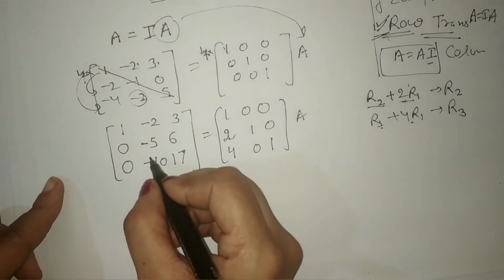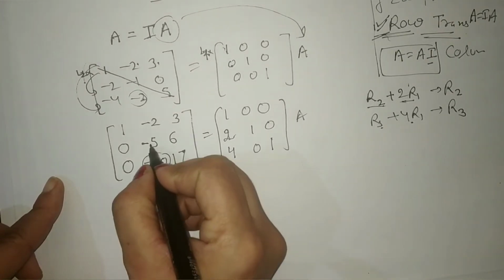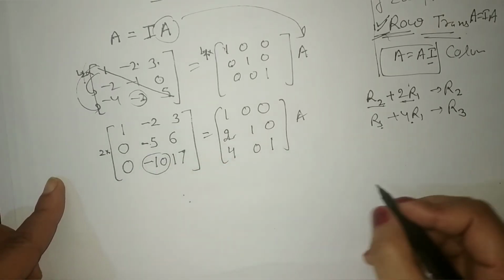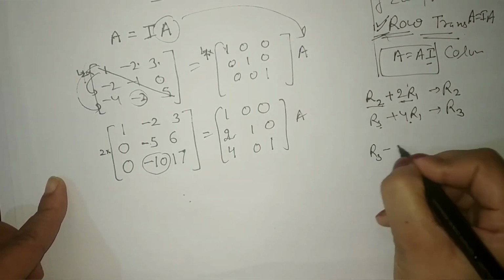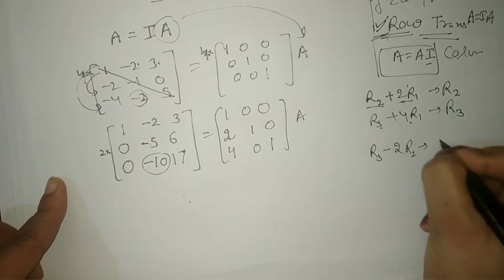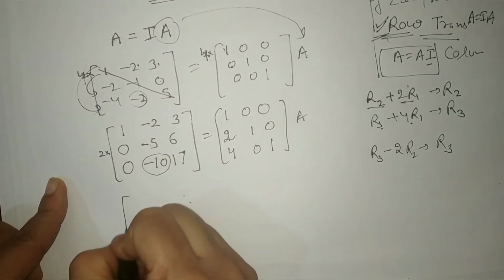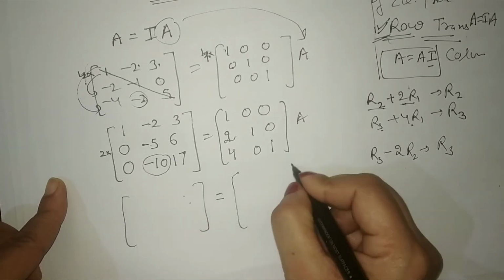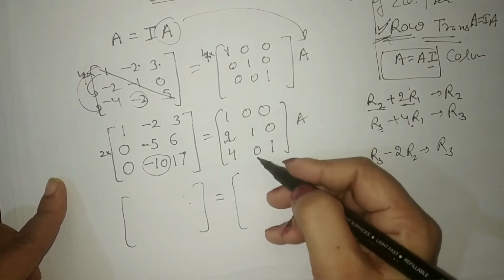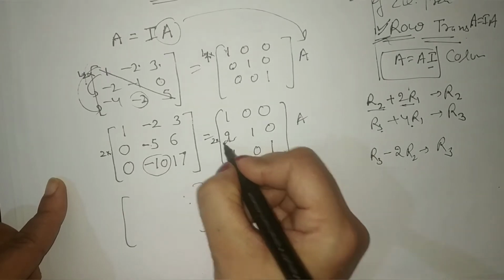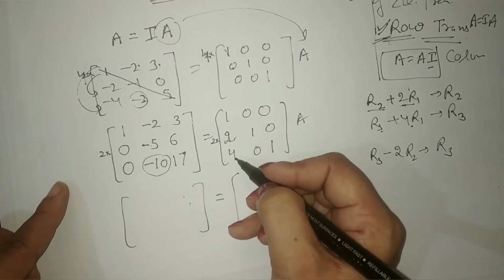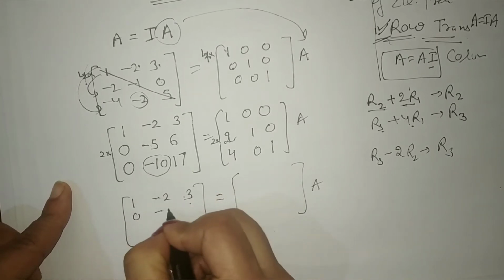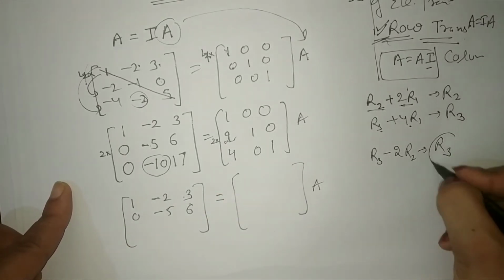Now we have to make this element 0. So we multiply the second row by 2 and subtract it from the third row. So third row minus 2 into second row on the third row. Here the same operation will be done. The first row will be the same, the second row will be the same, because we are operating on the third row only.